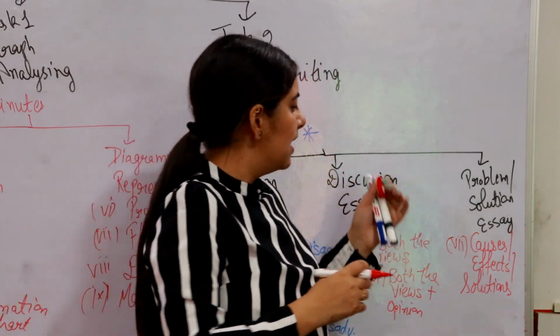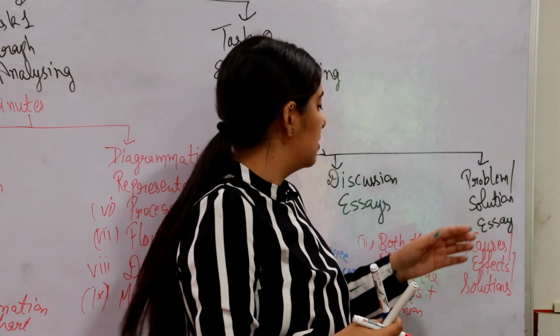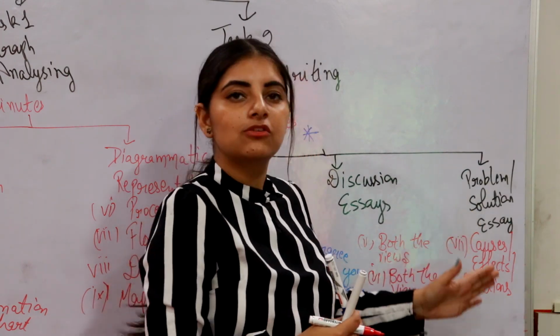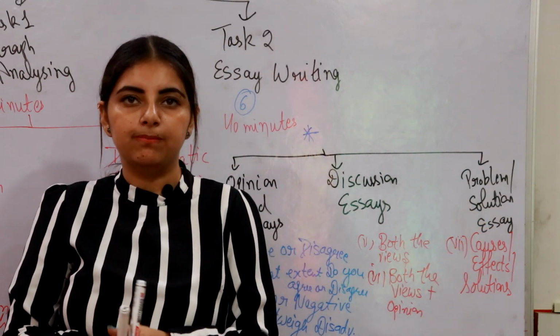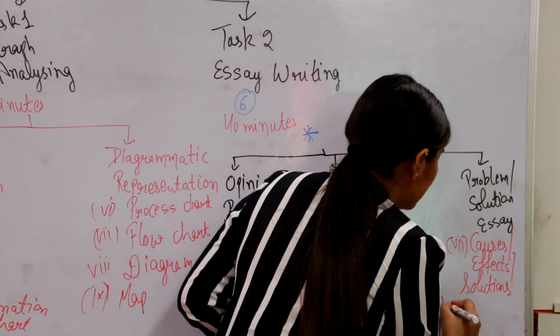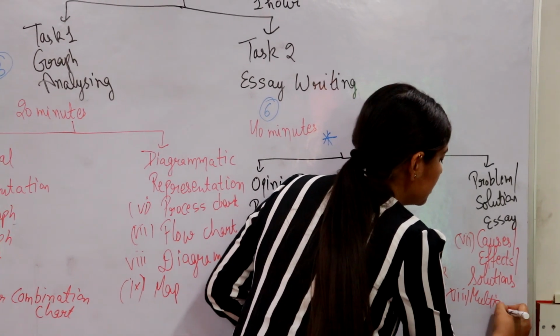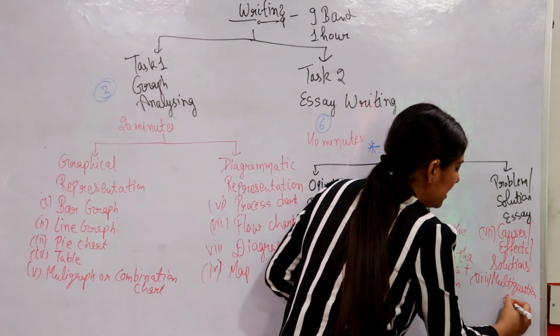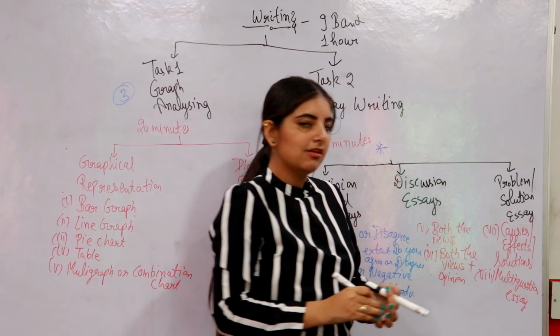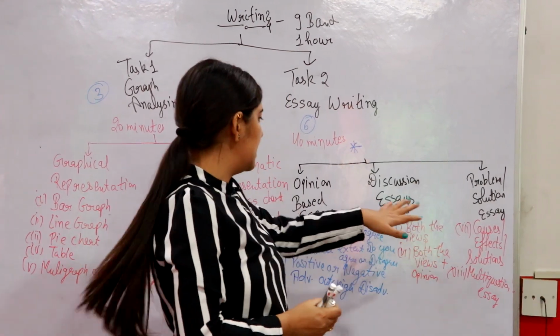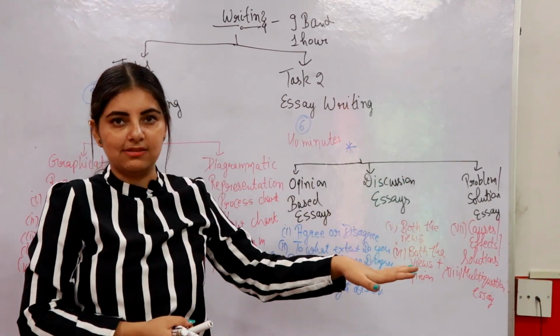In this essay, you can be asked causes, effects or solutions of a particular problem. And the last type of essay under this category is multi-question essay, in which you can be asked any of the questions from these 7 types of essays.